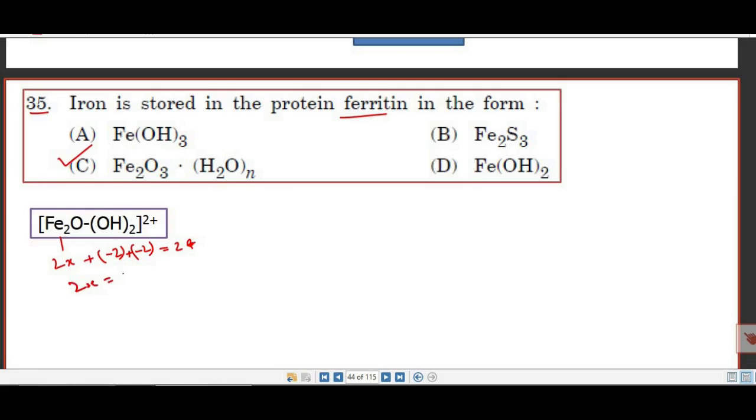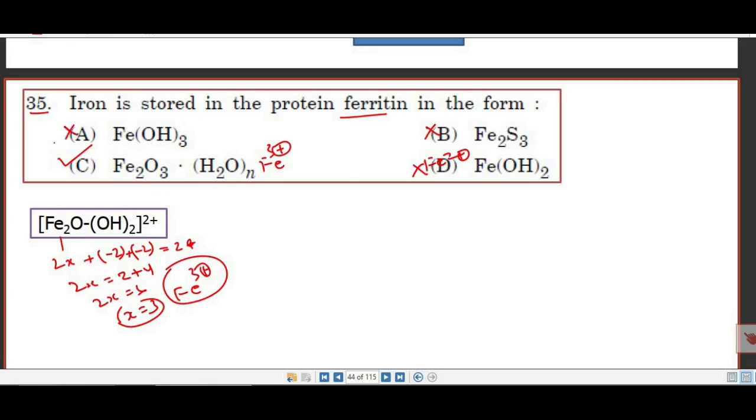So 2x equals 2 plus 4, 2x equals 6, x equals 3. That is Fe3+. So this option C is Fe3+, and this option is correct. Here the oxidation state is Fe2+, which is ruled out, and in ferritin it is not a sulfur compound, so that is also ruled out. It is not a ferric hydroxide either, hence answer C is correct.